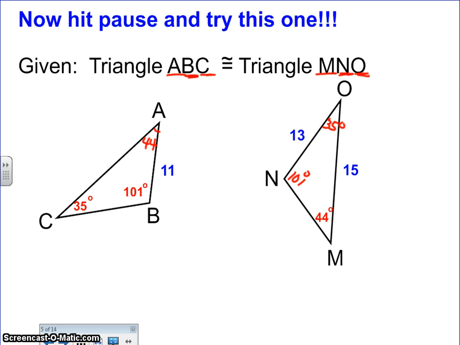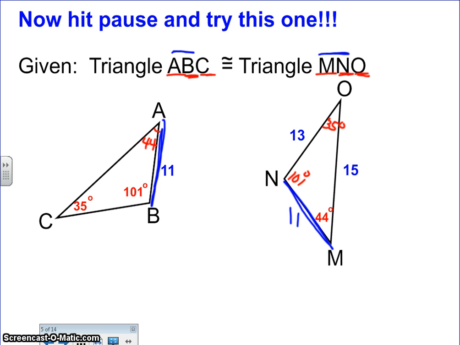All right, we can match up sides. Again, I like the whole color code approach to this. AB and MN are going to match up. So AB goes right here, and MN goes right here. If AB is 11, then MN is 11. Oh, we've got all three sides, the right triangle's done. Let's do another one.